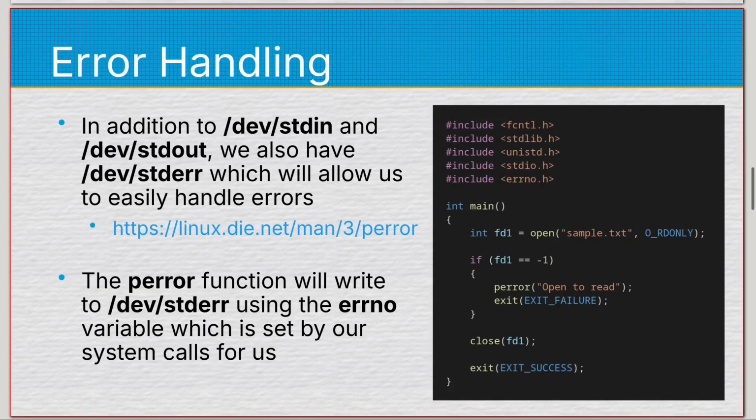To my understanding, there has been a long history where perror, or the error number itself, was considered to not be thread safe. But I think currently the error number variable is thread safe.